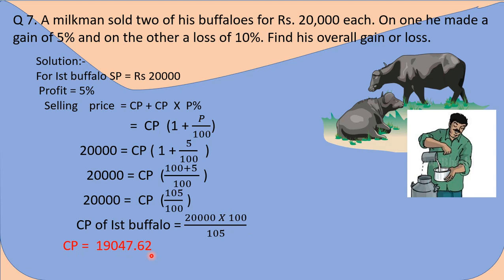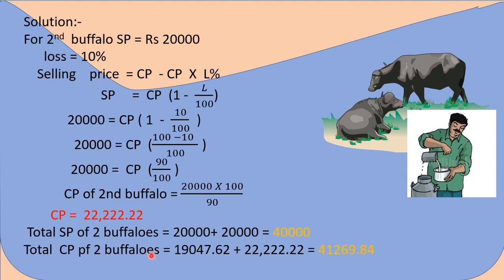Now this is the cost price of the first buffalo when he sells at rupees 20,000 and makes a profit of 5%. Now take the second case when he sells the buffalo at rupees 20,000 and makes a loss. So in this case, for the second buffalo, selling price is given as 20,000 rupees and loss is 10%. So here, cost price minus cost price into loss percent. Now in the previous slide there was the profit, so it was the plus sign here, but here he is having a loss, so it is a minus sign.